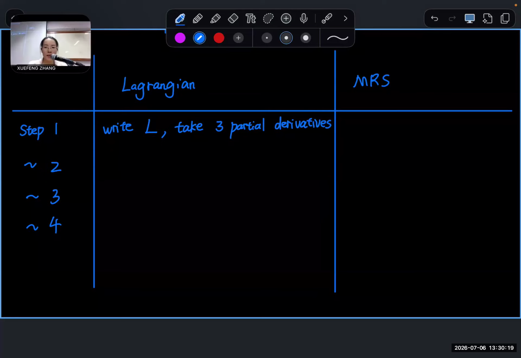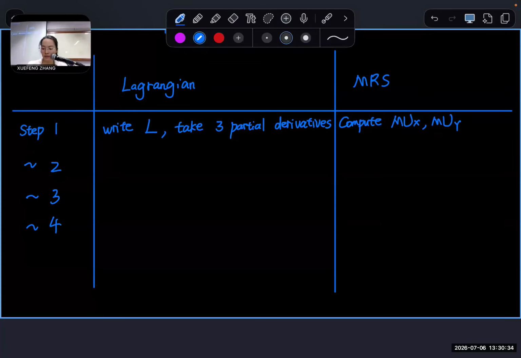But for MRS, we compute the marginal utility of X and marginal utility of Y directly. And the next step for the Lagrangian, I think I'd better finish the Lagrangian first.